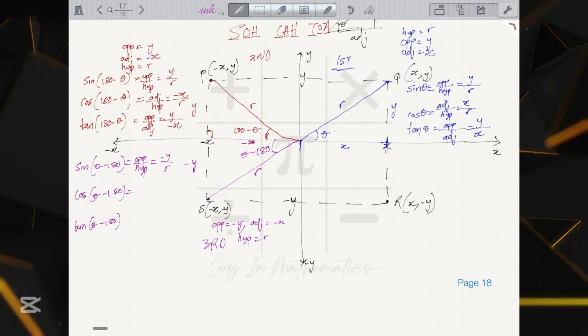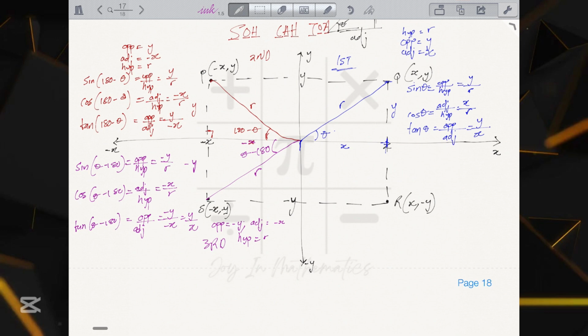Cos is adjacent over hypotenuse. The adjacent here is minus x. The hypotenuse is r. That's minus x divided by r. And tan is opposite divided by adjacent. The opposite in this case is minus y. The adjacent is minus x. Minus y divided by minus x, and this will give us y over x.